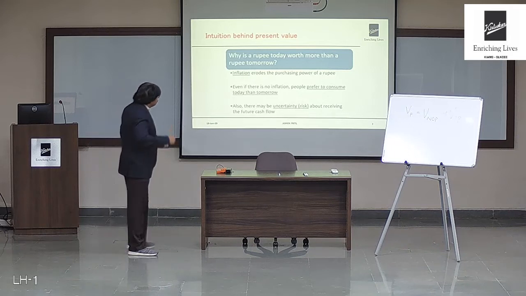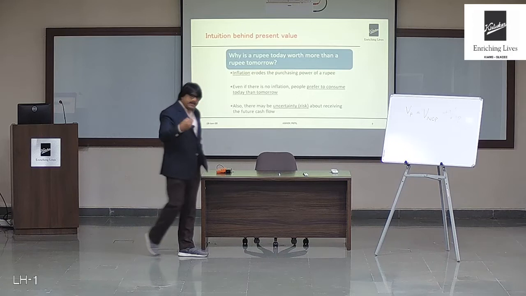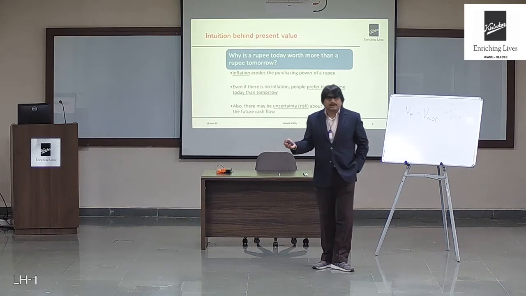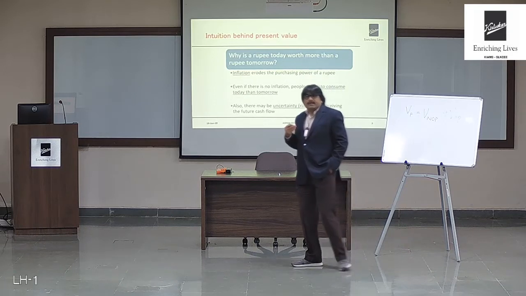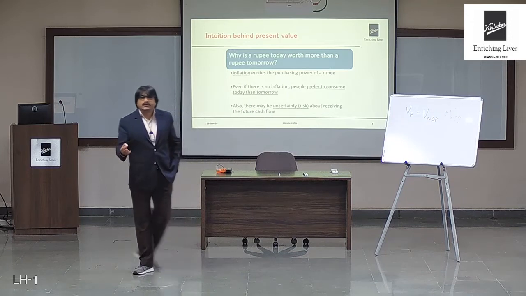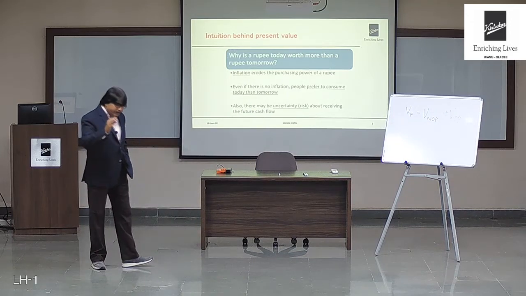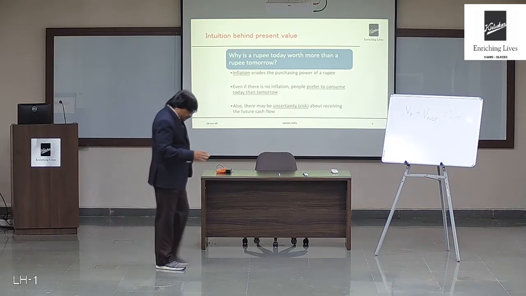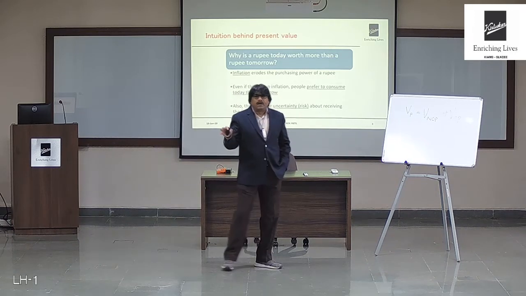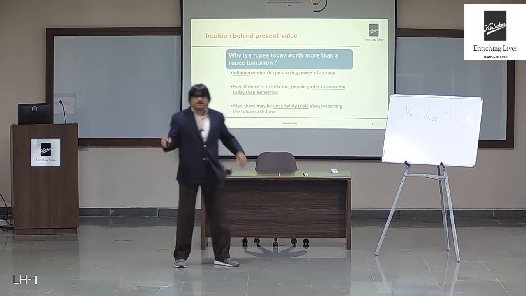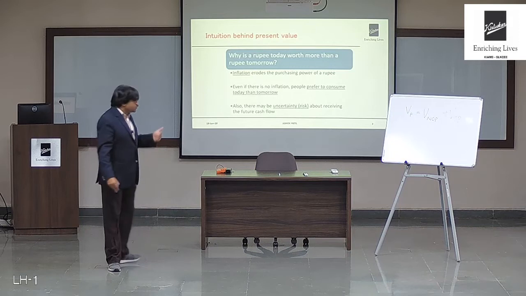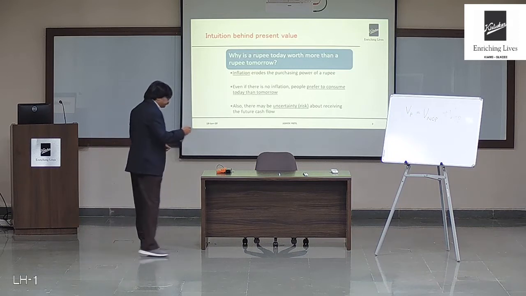And of course, the third thing: as you have lent me the money, you do not know whether I'll be returning that 100 rupees back to you. That means there is some risk or uncertainty in the future cash flows, so you need to cover that also. So we have three prominent points which are deciding the erosion of value of cash flow in future, namely inflation, preference for consumption today, and the last one, uncertainty or risk.